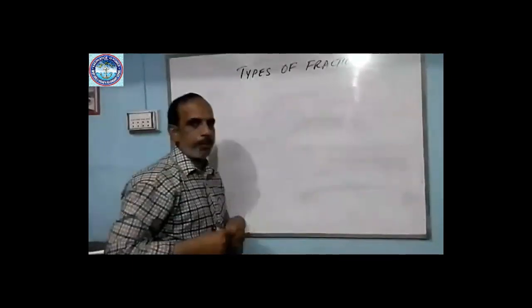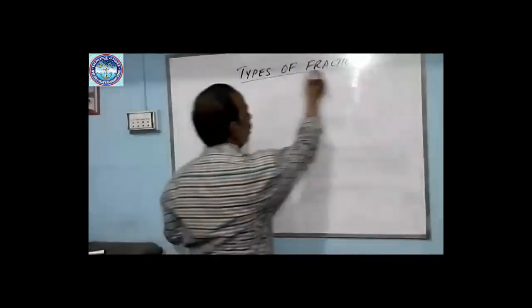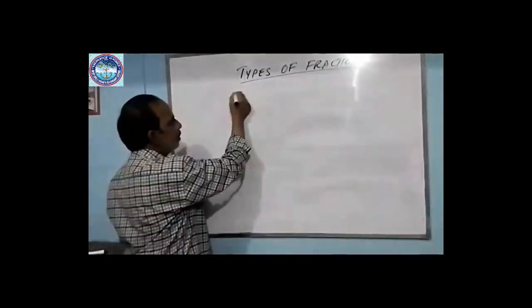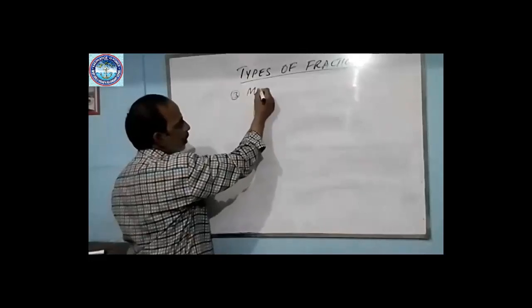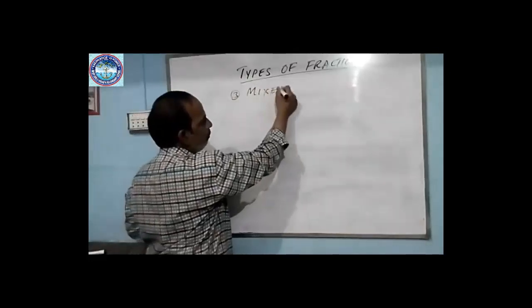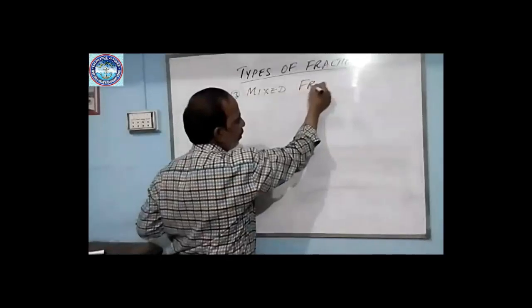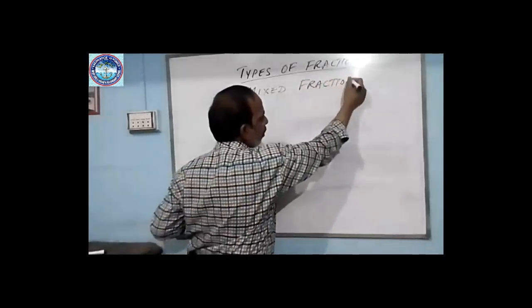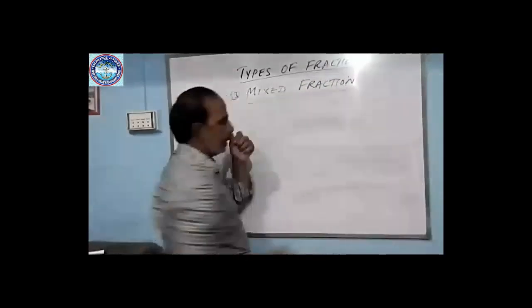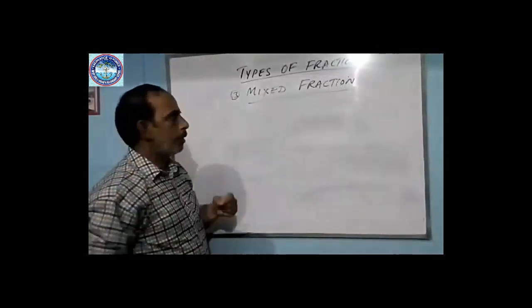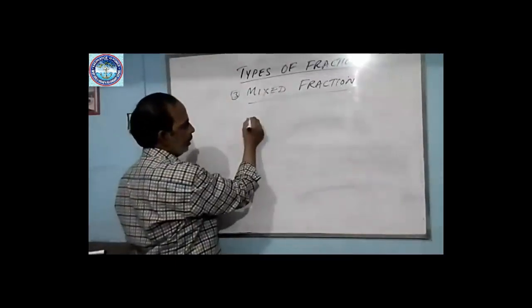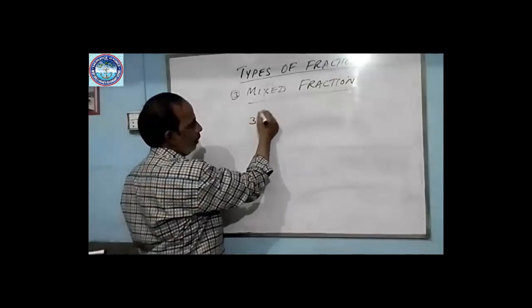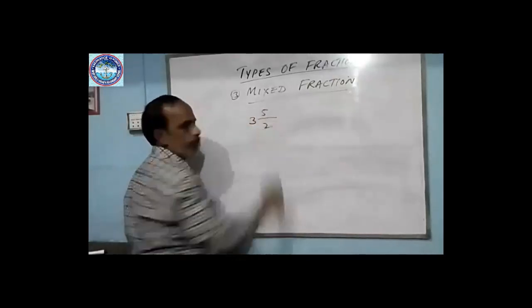We have another type of fraction which is a mixed fraction. Mixed fraction. Okay, what is this fraction? Let's take an example. 3 whole 5 upon 2.